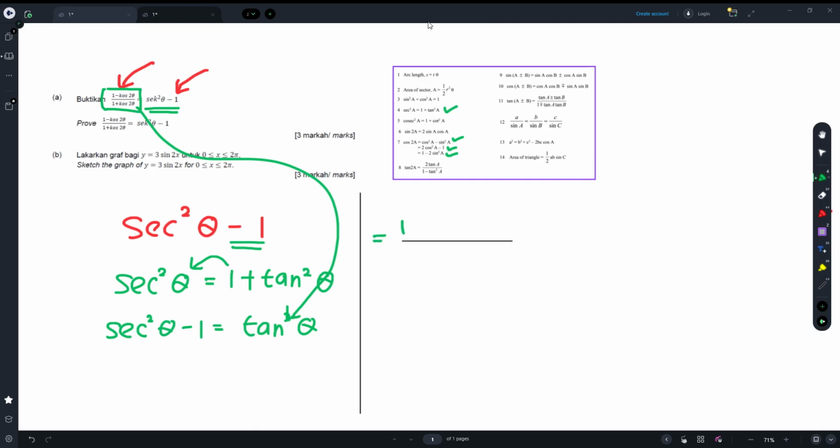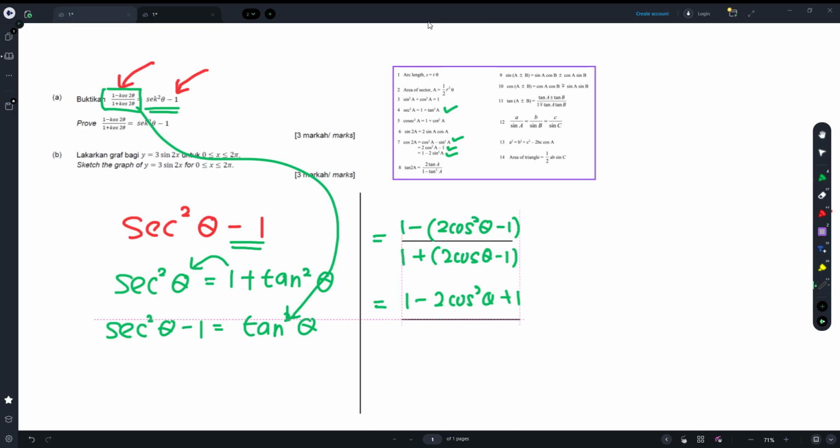So 1 minus open bracket cos 2 theta. Cos 2 theta I will put as 2 cos square theta minus 1, and then at the bottom 1 plus 2 cos square theta minus 1. Now when I open the bracket, 1 minus 2 cos square theta plus 1, because negative and negative become positive.